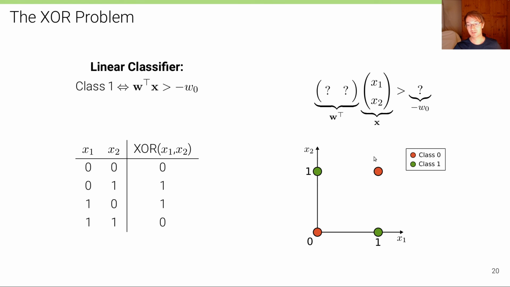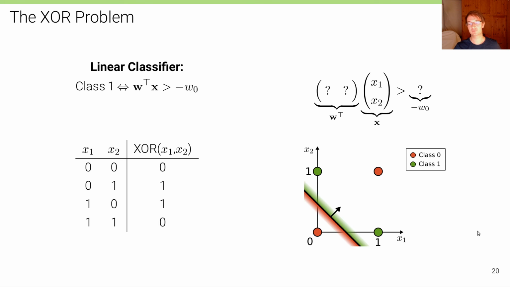If we now plot this expression here on the right hand side visually, we see it becomes much harder now as a decision problem, because we have these two red points that are opposing each other and these two green points that are opposing each other. So it's not obvious how we would find a decision boundary.